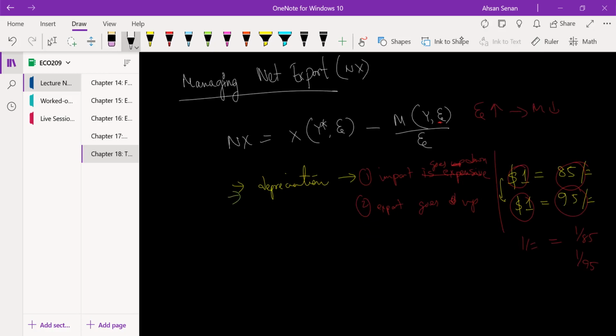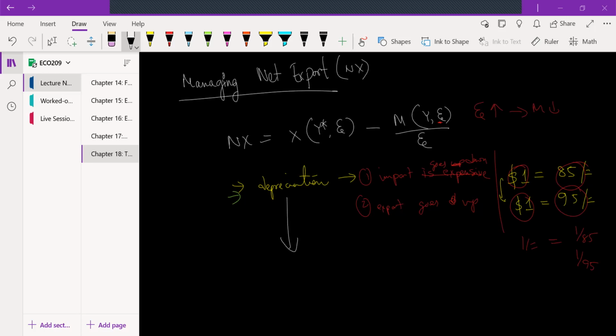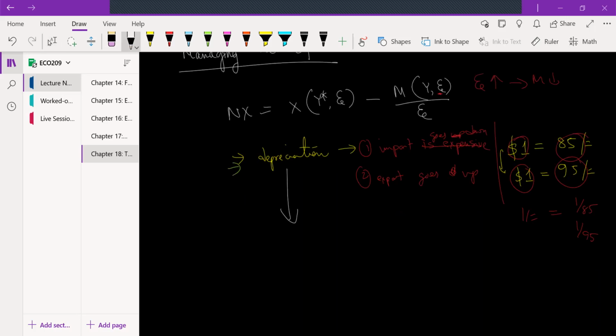So when there is depreciation, effectively, what do we mean by depreciation? We mean that there is a change in the exchange rate, and as a result, there are going to be three effects.